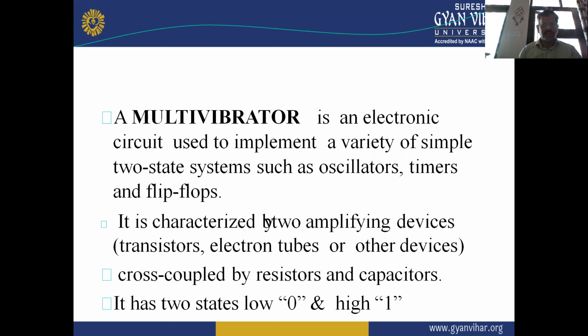It is characterized by two amplifying devices, such as transistors, electron tubes, and other devices, cross-coupled by resistors and capacitors. It has two states, low state and high state, or 0 and 1: 0 for the low state and 1 for the high state.